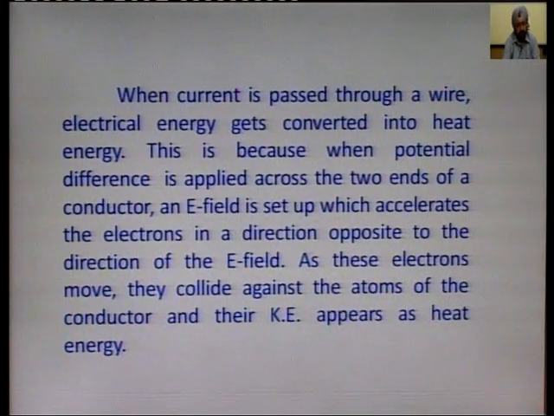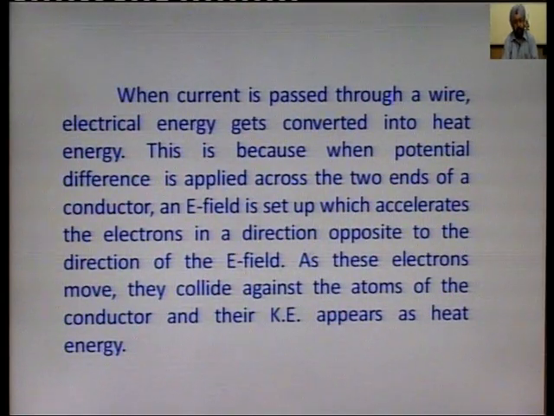Because when potential difference is applied across the two ends of a conductor, we have seen in the previous slides that an electric field is set up. This electric field accelerates the electrons. These electrons are accelerated in a direction which is opposite to the direction of the electric field, and during their motion these electrons collide with the atoms of the conductor.